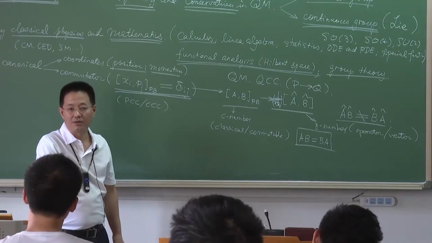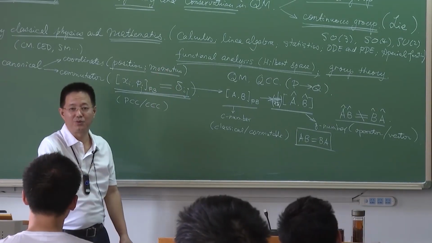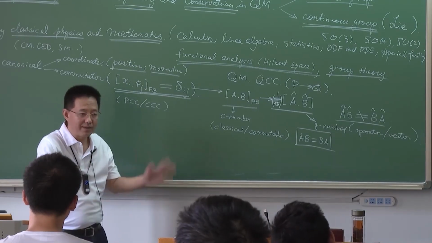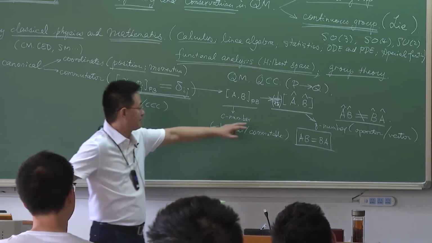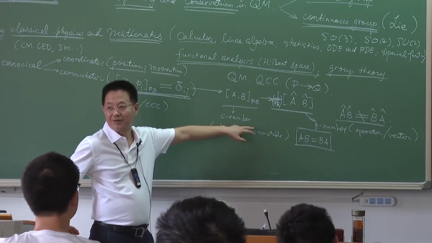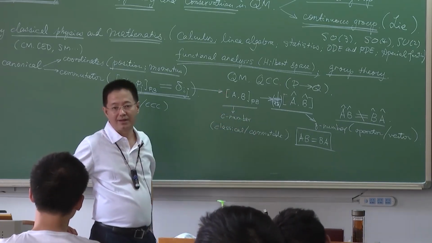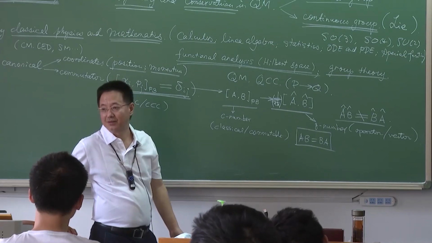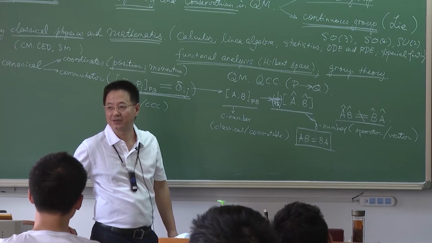And all of the calculation results for the Poisson bracket that you will accomplish in the exercises and homework, you can do a lot of calculations before quantum mechanics. And all of that can be just shifted to quantum mechanics by just inserting such a factor, 1 over i h bar. You can verify that. So after you finish all of the classical mechanics homework, when you encounter the similar homework in quantum mechanics, you do not need to calculate.